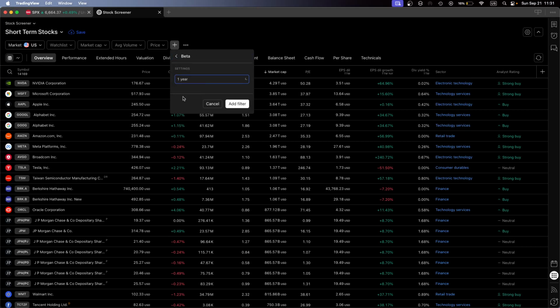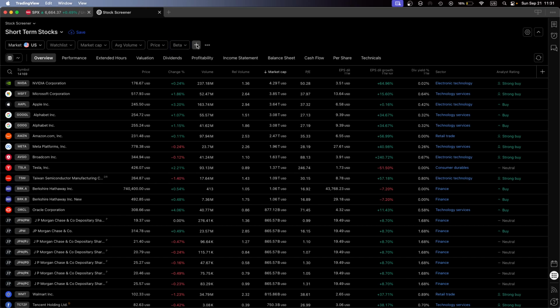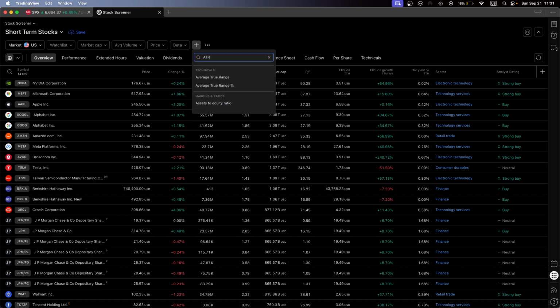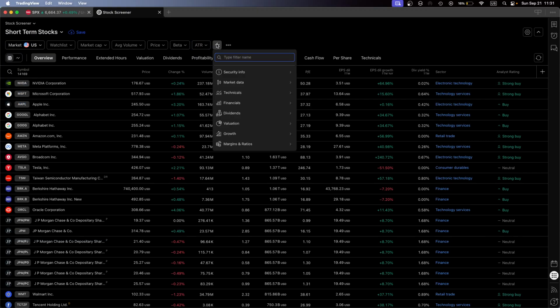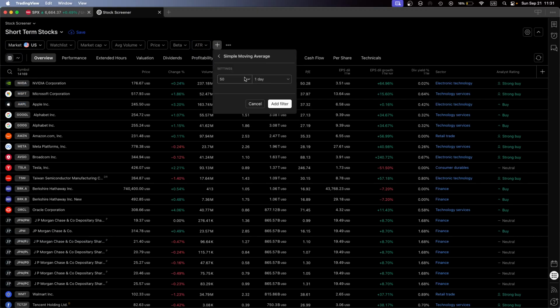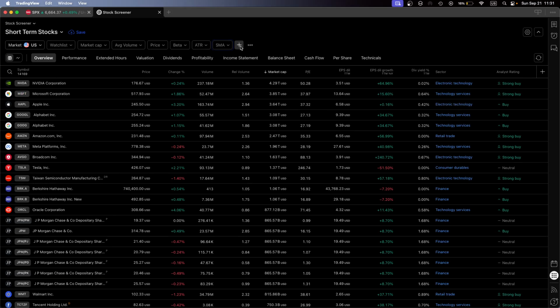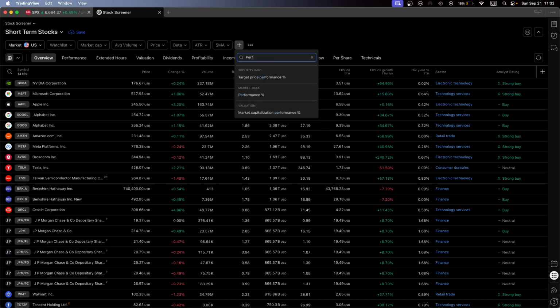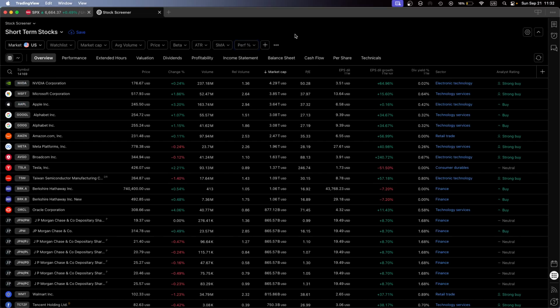This one will choose 1 year, and then ATR, average true range, and then SMA, simple moving average, and then we'll add performance percentage, year to date, add filter.